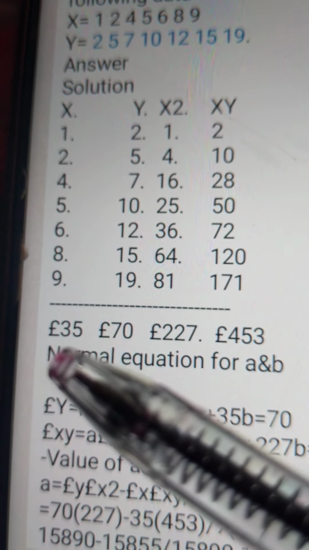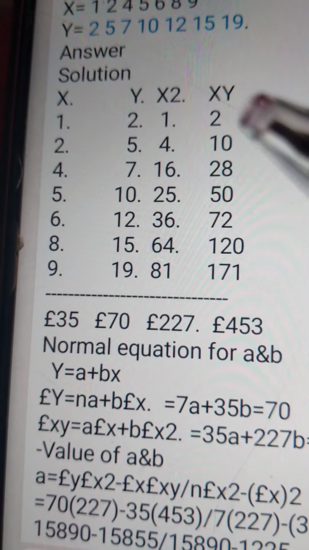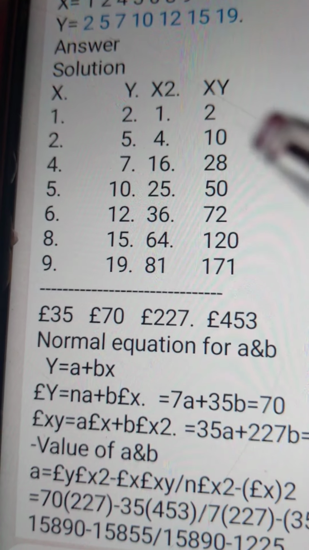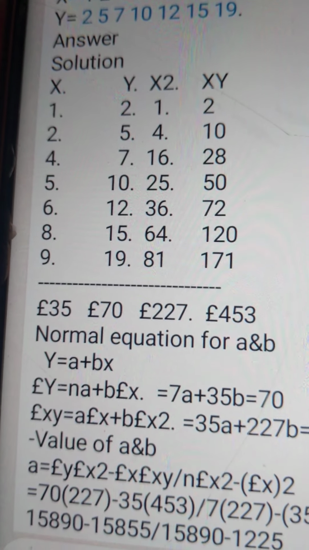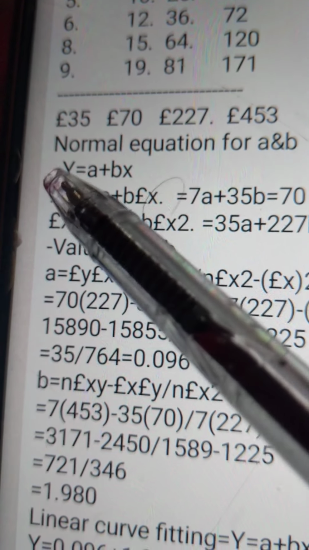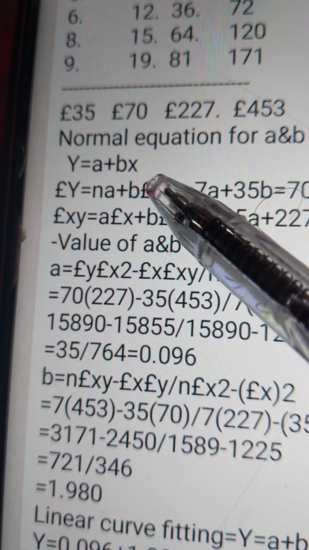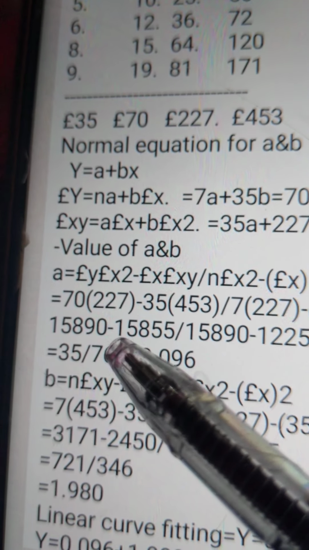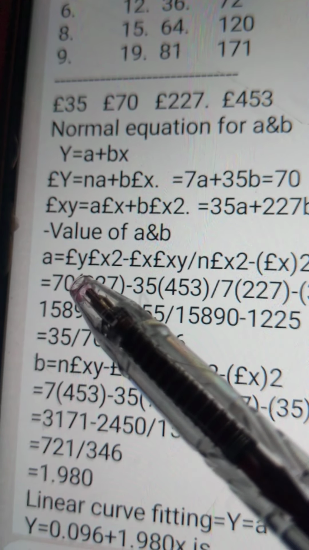Here we have x, summation x, y, summation y, x square, summation x square, xy, summation xy. Students, the linear curve equation is y equals a plus bx. The formula for a is this.